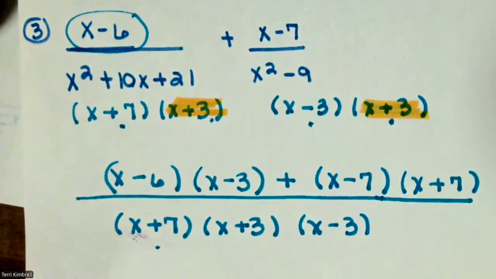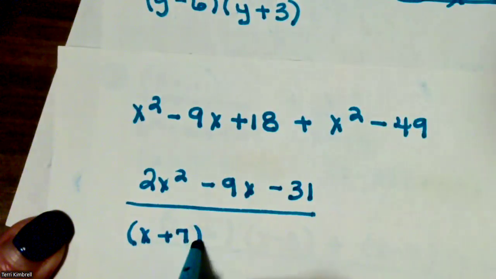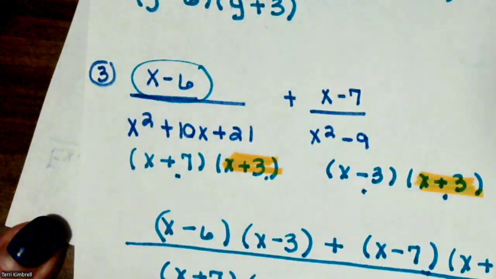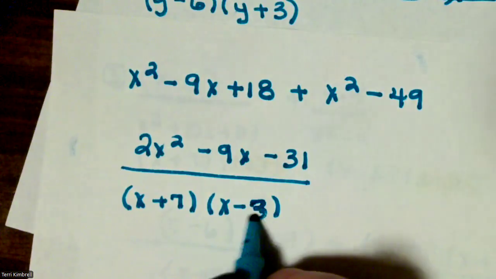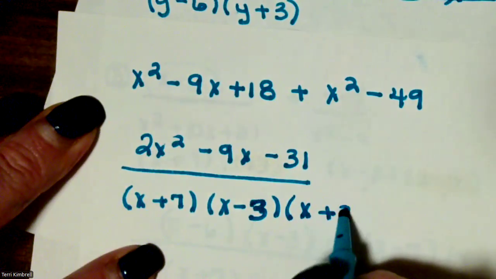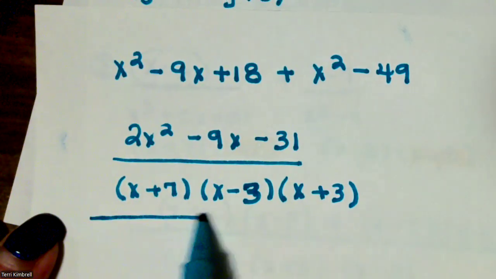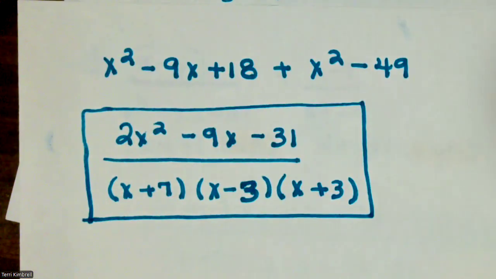And then that's going to be over x plus 7, x minus 3, and x plus 3. The top does not factor, so you would keep your answer just like that.